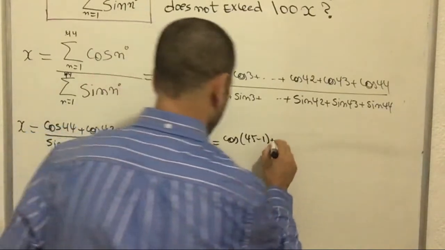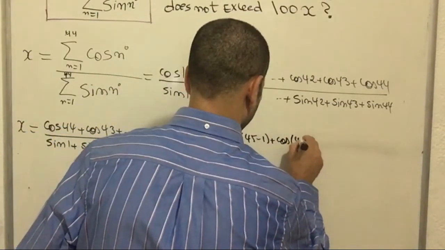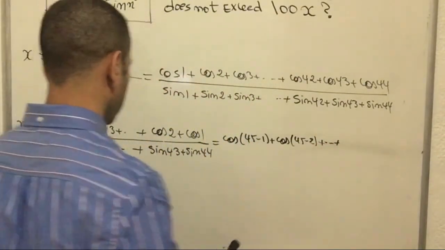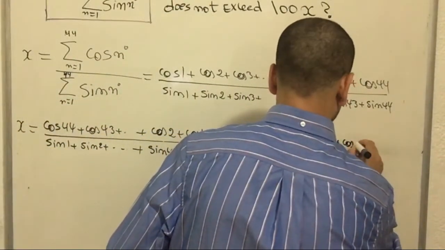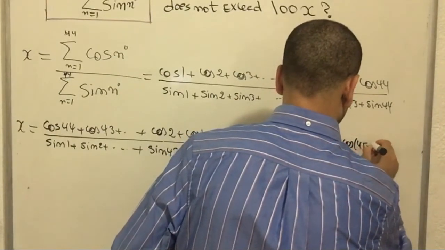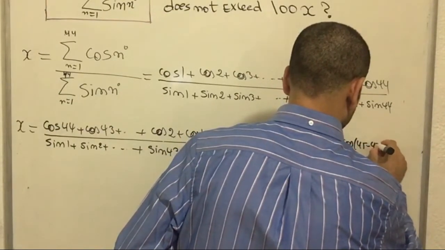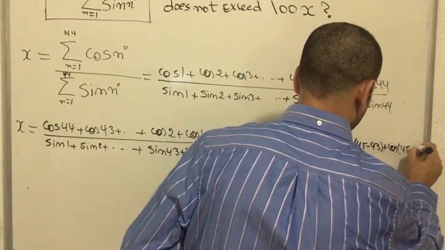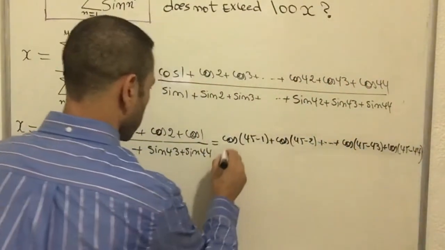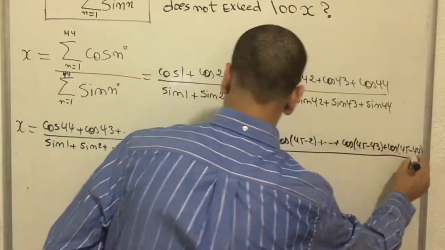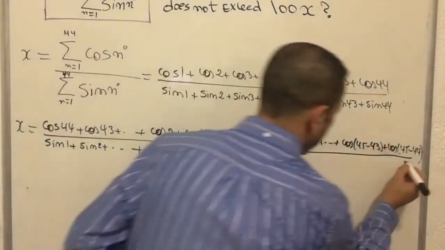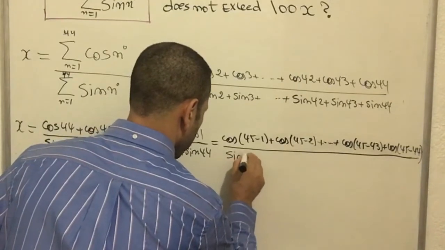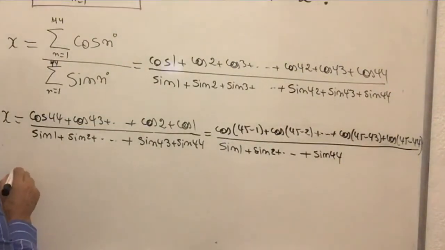The second term I can write as cosine 45 minus 2, and so on until you get the last terms, cosine 45 minus 43 plus cosine 45 minus 44. For the sine I can leave the numbers as they are.